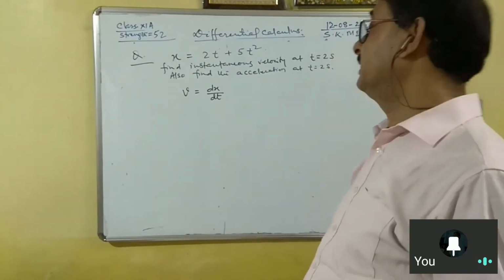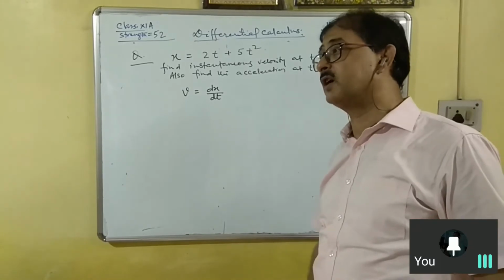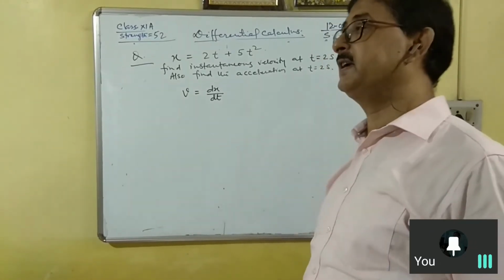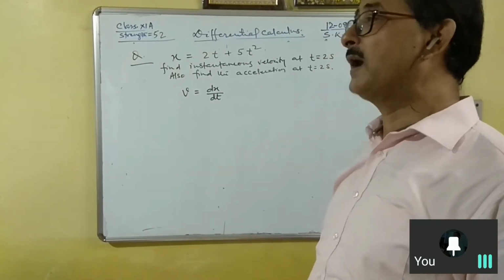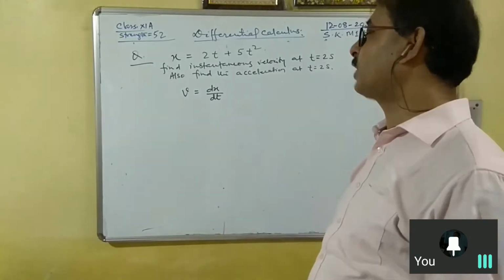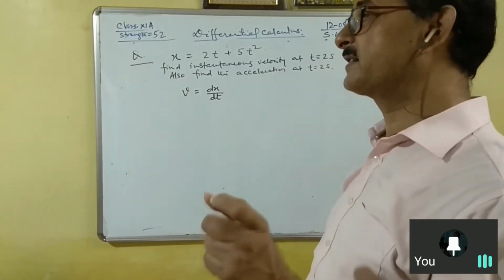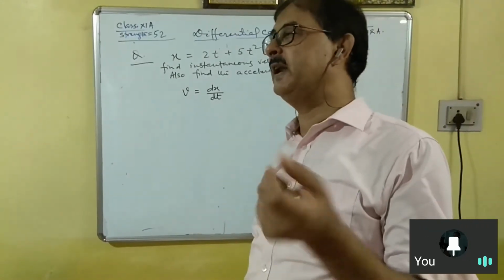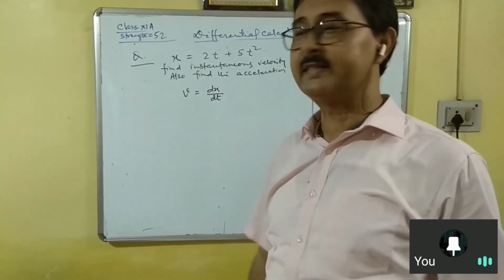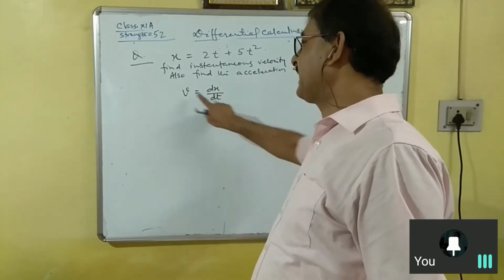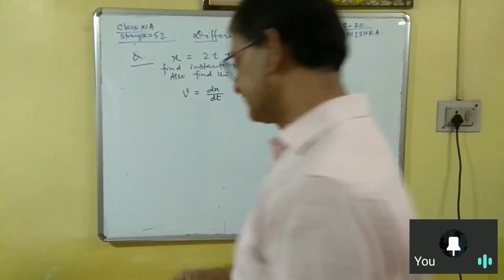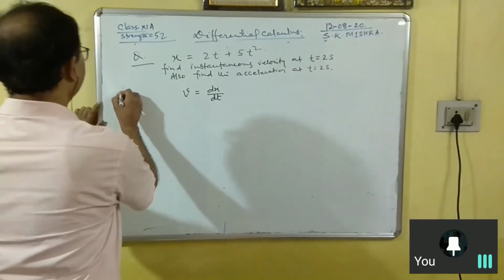Remember, delta t tends to 0 is called dt. If delta t is 1 second, then 1 millionth of a second is called dt. Imagine how much distance your vehicle covers in a millionth of a second, and that distance divided by time gives you the instantaneous velocity, that is the velocity at any instant.